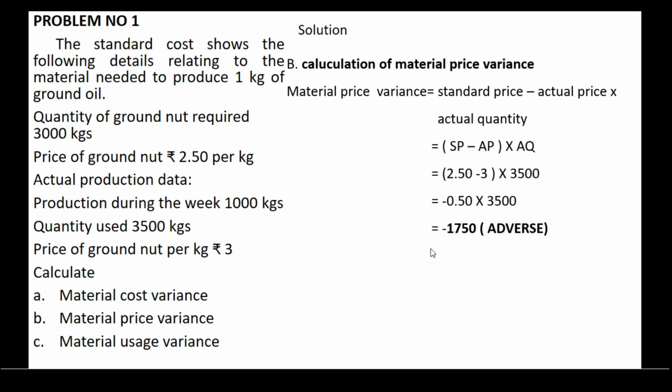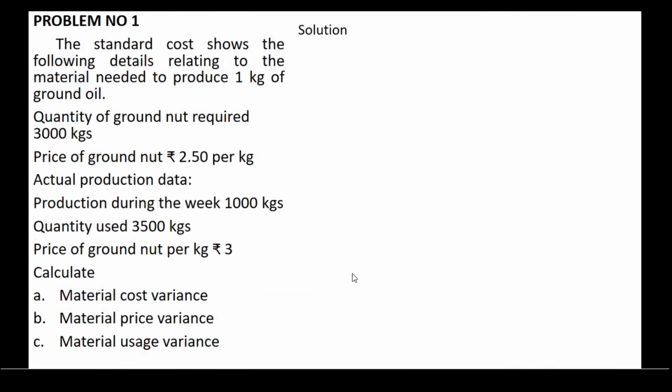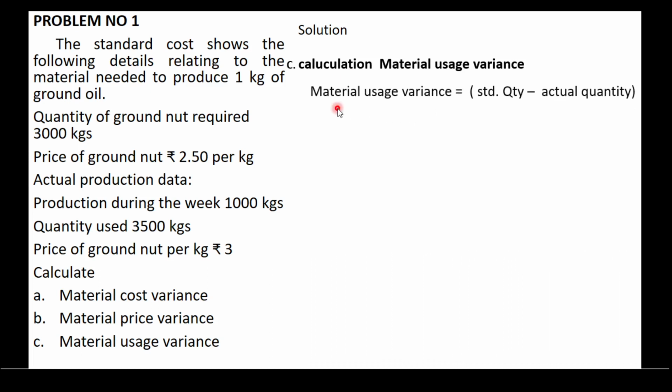And the next one is the calculation of material usage variance. For the calculation of material usage variance, we use the formula standard quantity minus actual quantity into standard price.